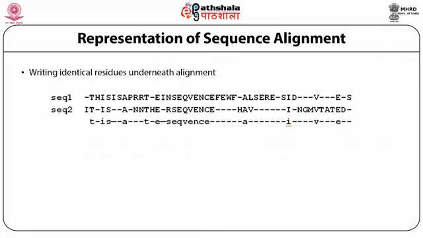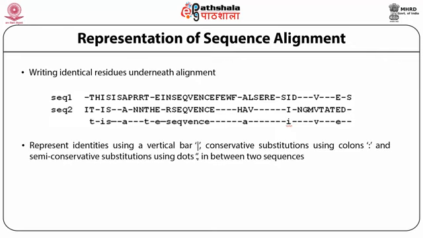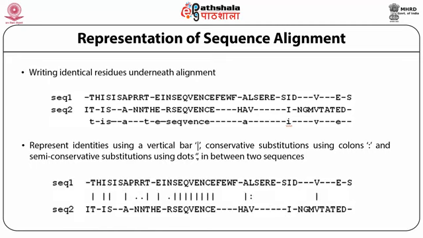These programs represent identities using a vertical bar, conservative substitutions using colons, and semi-conservative substitutions using dots. These symbols are written in between the two sequences for each column.